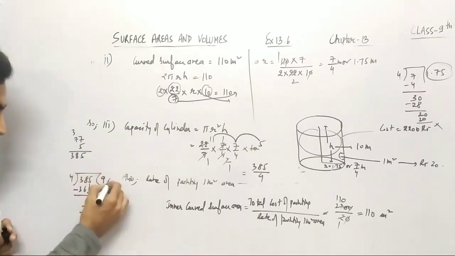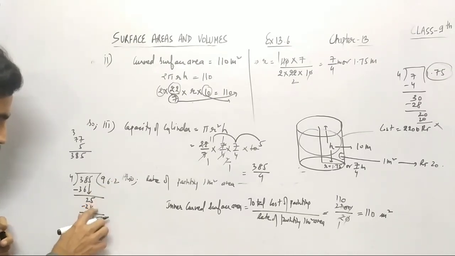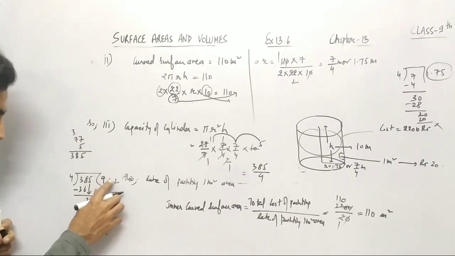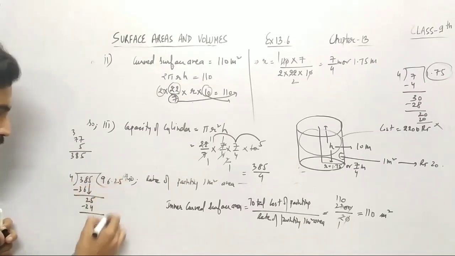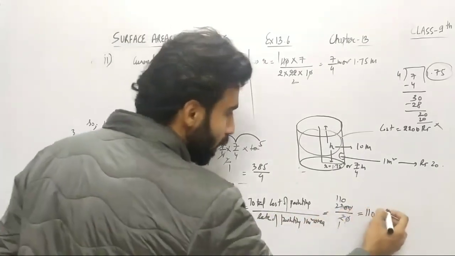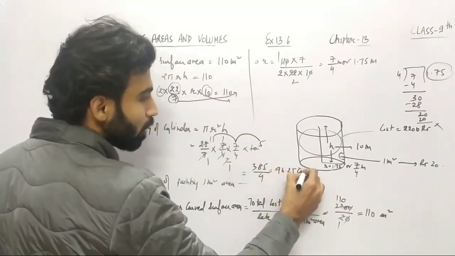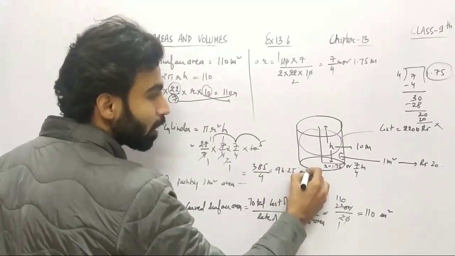Subtracting will give 1, then a decimal, a 0, 4 2s are 8, you can see. So 5 minus 4 is 1, then decimal, then a 0, then 4 2s are 8, then again 2 remaining, decimal 0, 4 5s are 20, right? So you can see we have got 96.25, right?